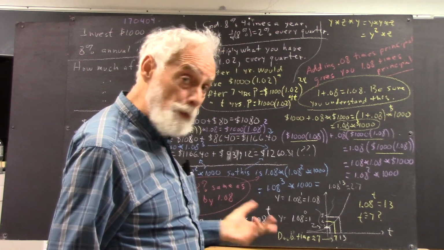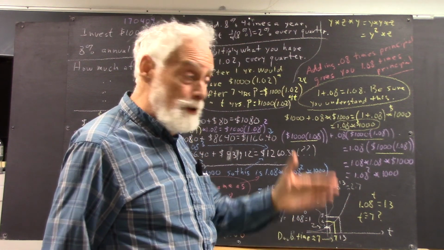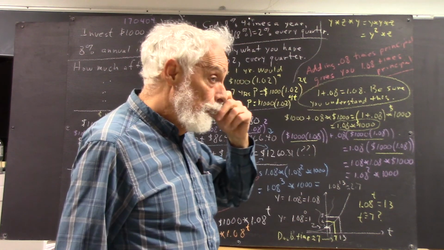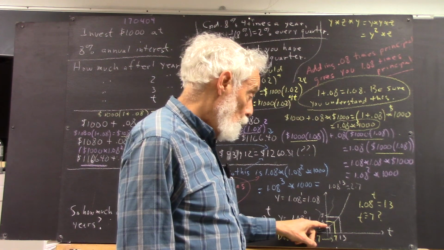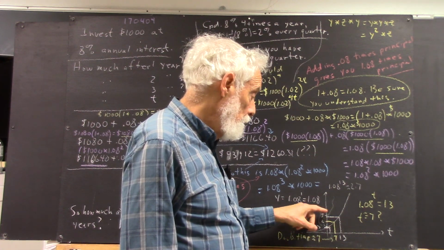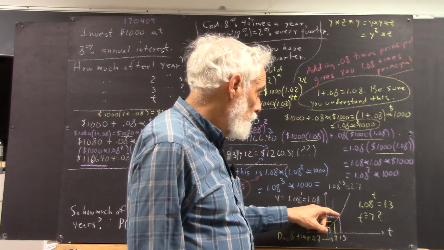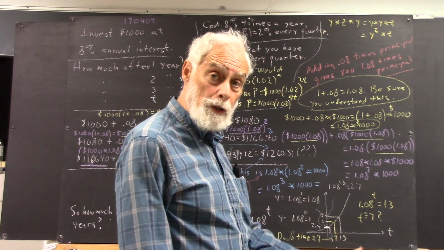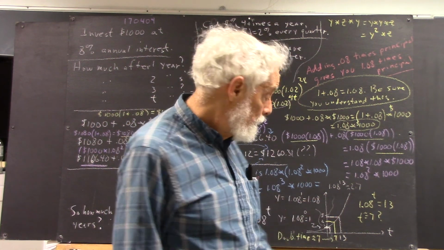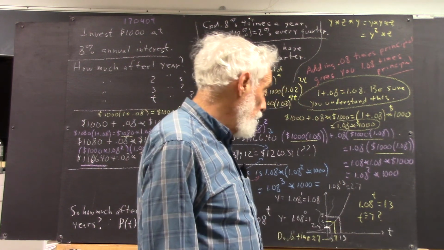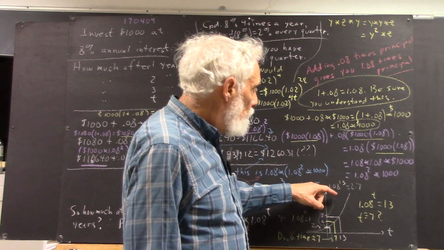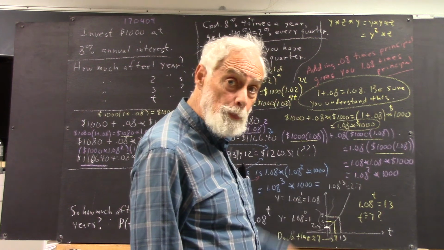Still, we remember what we did to relabel the e to the x graph. We found our 1 here, and then we labeled 2 and 3, and we know that e is about 2.7, so we projected over to the graph and down, and we found where x would be 1. So now we've got a scale for this axis. In this case, 1.08 to the 13th is 2.7.